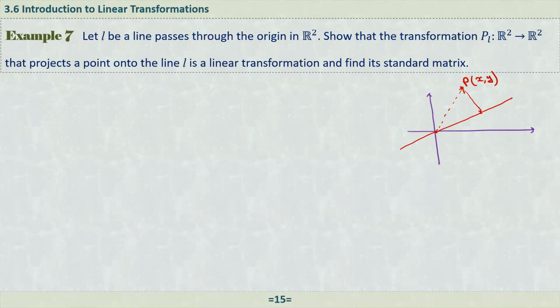If I consider this as a vector, it is the projection of this point vector onto this line.